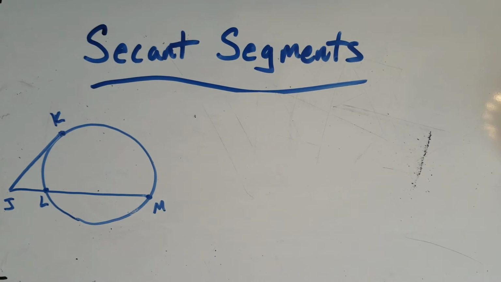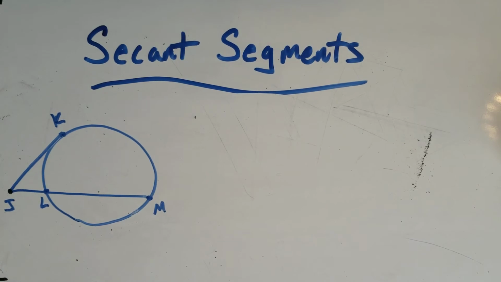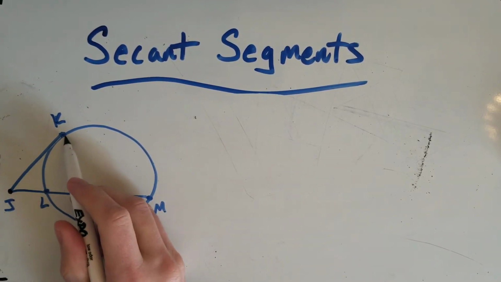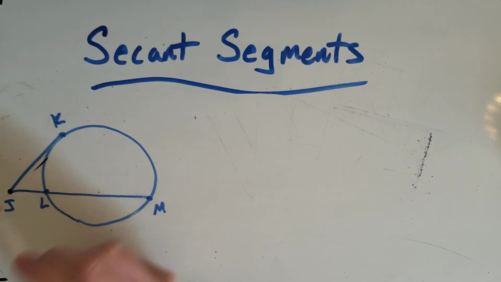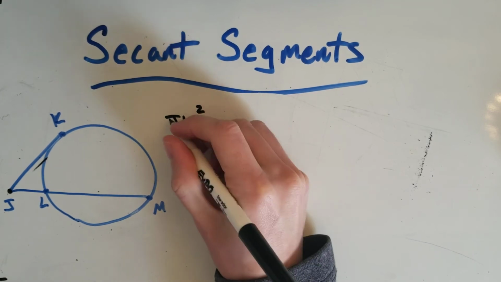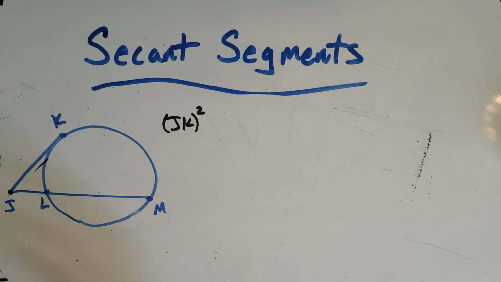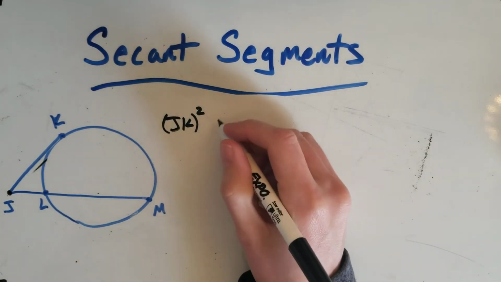So this theorem states if a tangent and a secant intersect in the exterior of a circle, like they do here, at J, then the square of the measure of the tangent, so the measure from the point of tangency to the point of intersection, that's JK here, the square of that, so JK squared, is going to be equal to the product of the secant segment and the external secant segment.